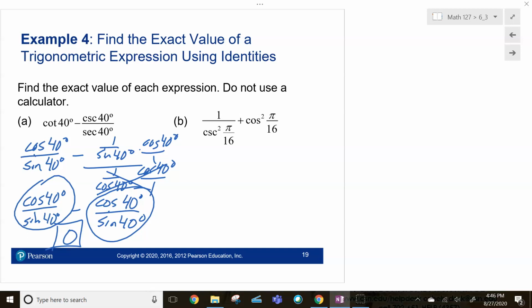Let's do this next one here. I got 1 over cosecant squared. Well, cosecant's the reciprocal of the sine. So this is like 1 over sine squared pi 16ths.